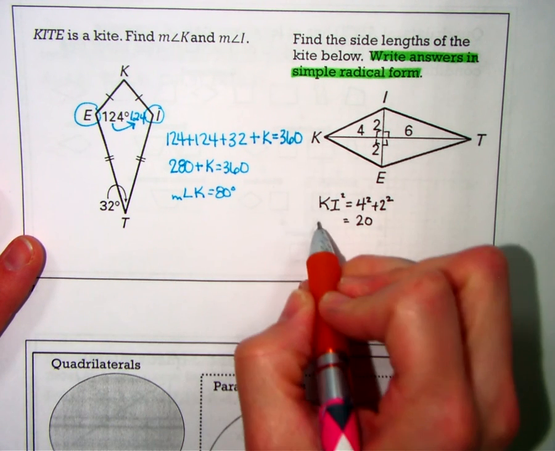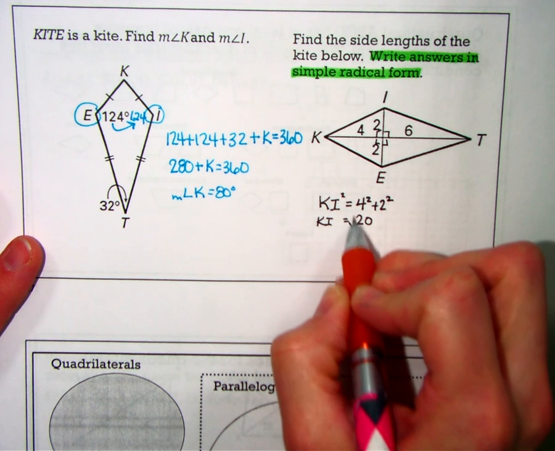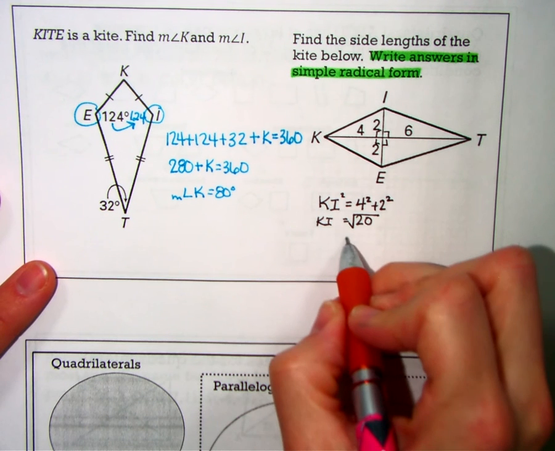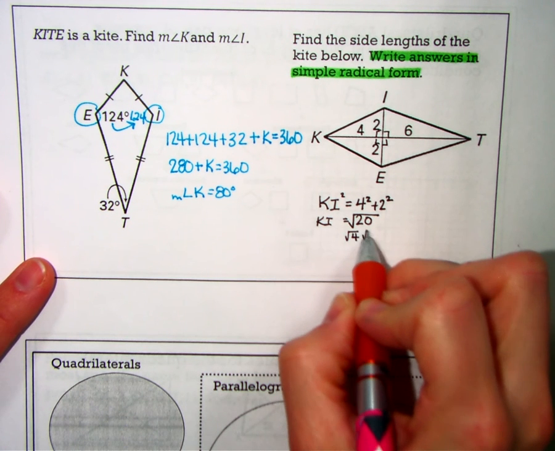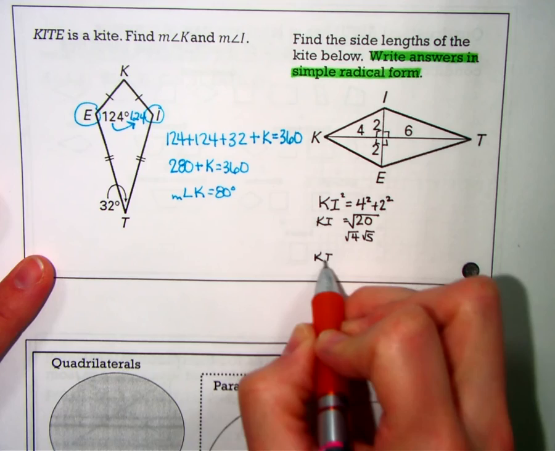So KI is going to be the square root of 20. Now, when it says simplest radical form, that's not simplified, right? You've got to break that down if you can. If you can't, you get lucky and you just get to leave it. But because that has a 4 in it, I want to break that down into 4 and 5. So my actual answer for KI is 2 radical 5.